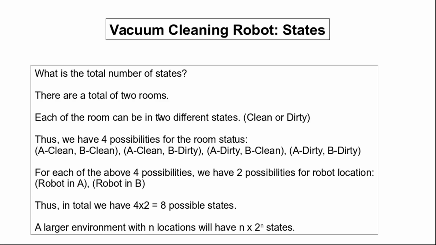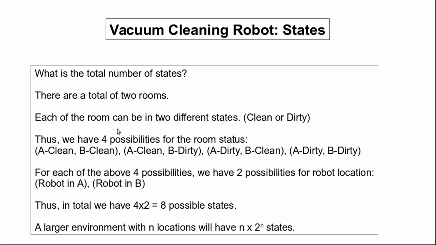Hence the room status can be 2 to the power n. And since the robot can be in any of the n rooms, for each of these 2 to the power n possibilities, we have again n possibilities for the robot location. Hence it will be n into 2 to the power n.